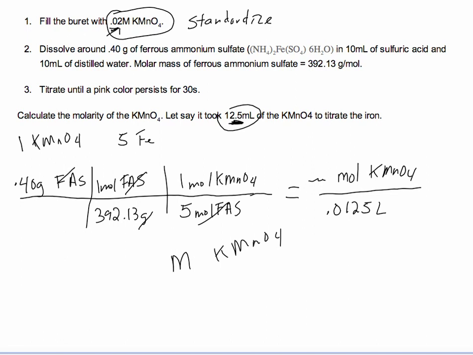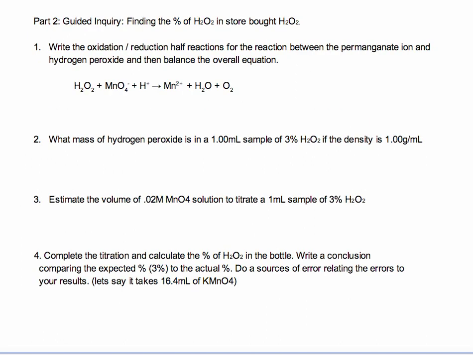All right, now I'm not gonna work out that problem. I'll let you work that one out. But that's how you would set it up. Now I want to show you what I want you to do. So what you're going to do is part 2. With part 2, the first thing you have to do is write the half reactions, and then you're going to balance this equation.